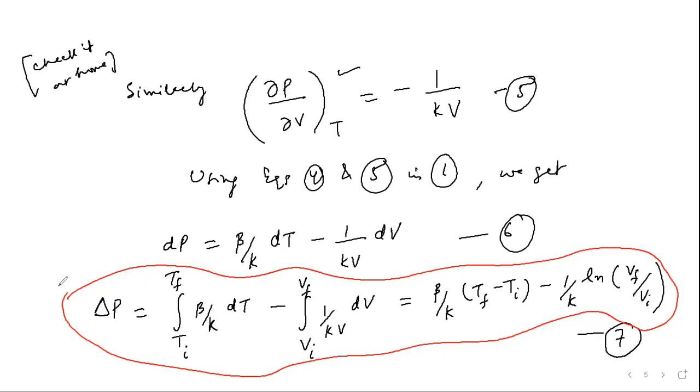They are valid only when the change in pressure and change in volume are small enough that beta and K are constant over the range of integration.